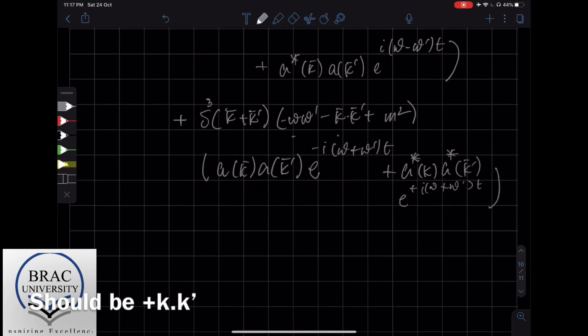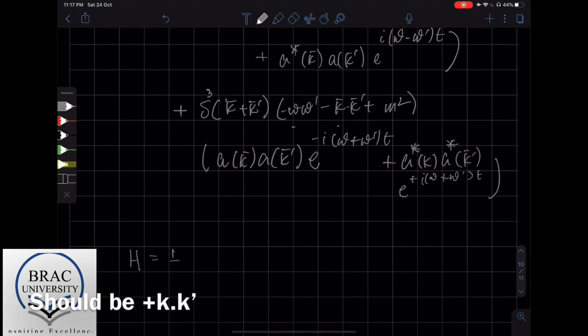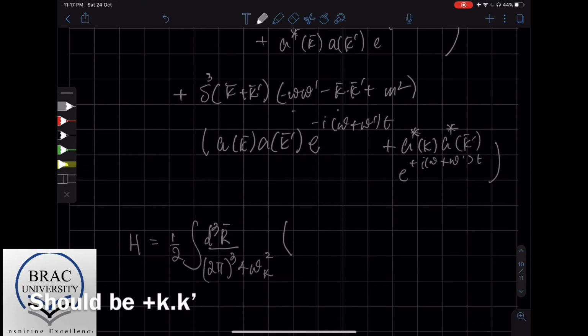So we are going to have H equal to a factor of half, d cubed k divided by (2 pi) cubed, we get 4 of omega k, so there'll be omega k squared here, and because of the delta function, inside we're going to get omega k squared plus k squared plus m squared.